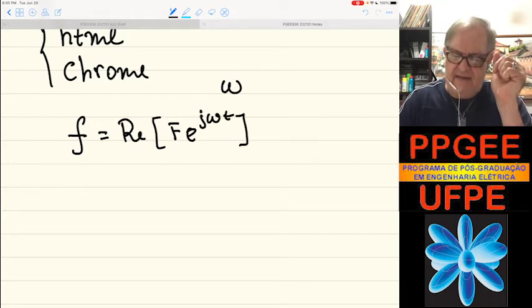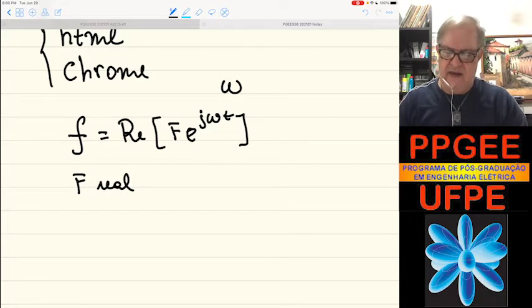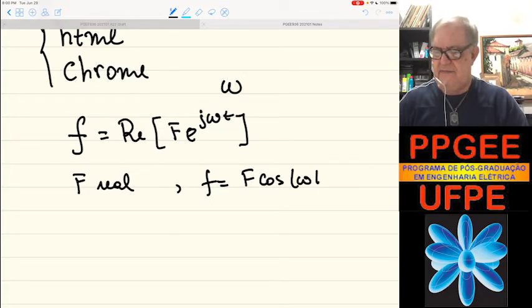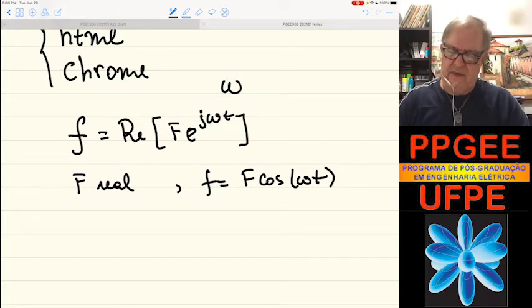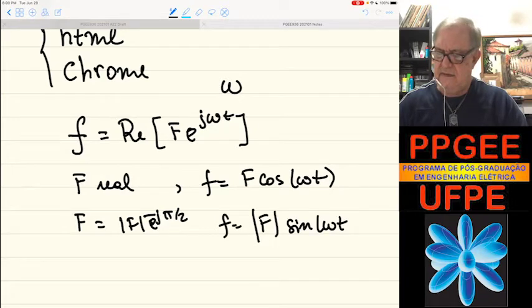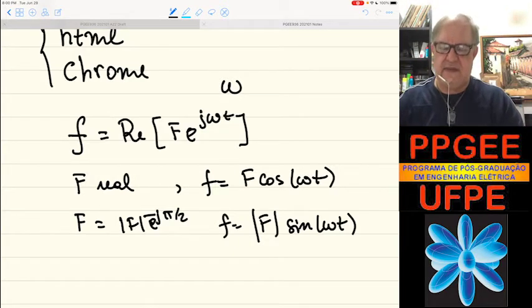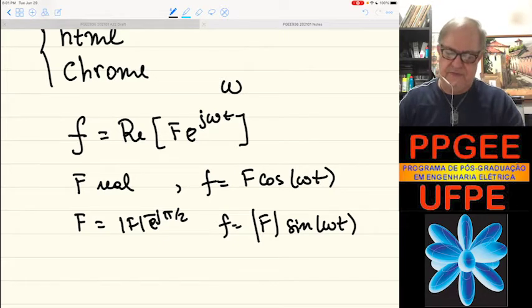If f is real, just reminding what we did before, then we have f equals f cosine omega t. If f has a pi over 2 phase, let's make minus j pi over 2, then f is going to be f sine of omega t. So I have a harmonic time dependence with either cosine or sine or a combination of those two.